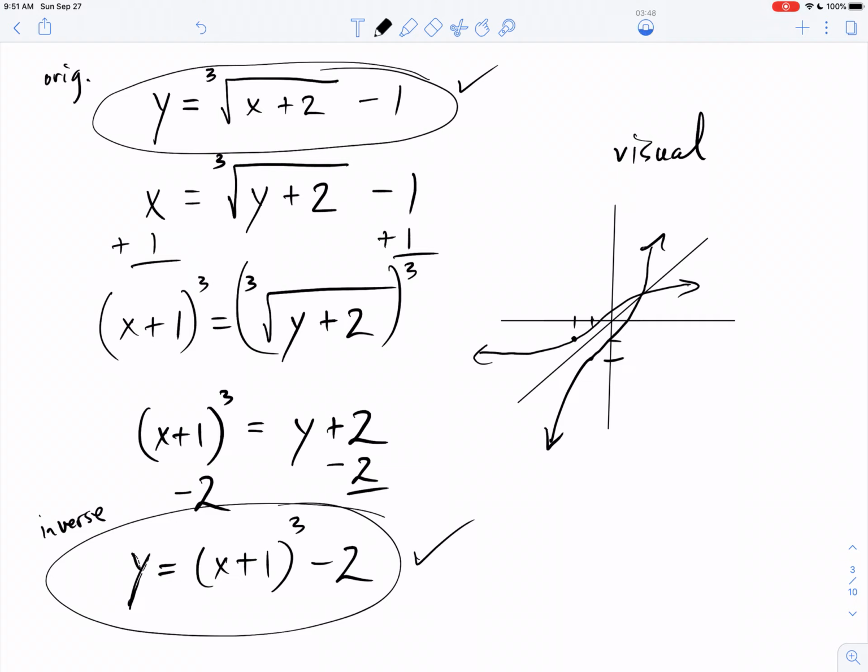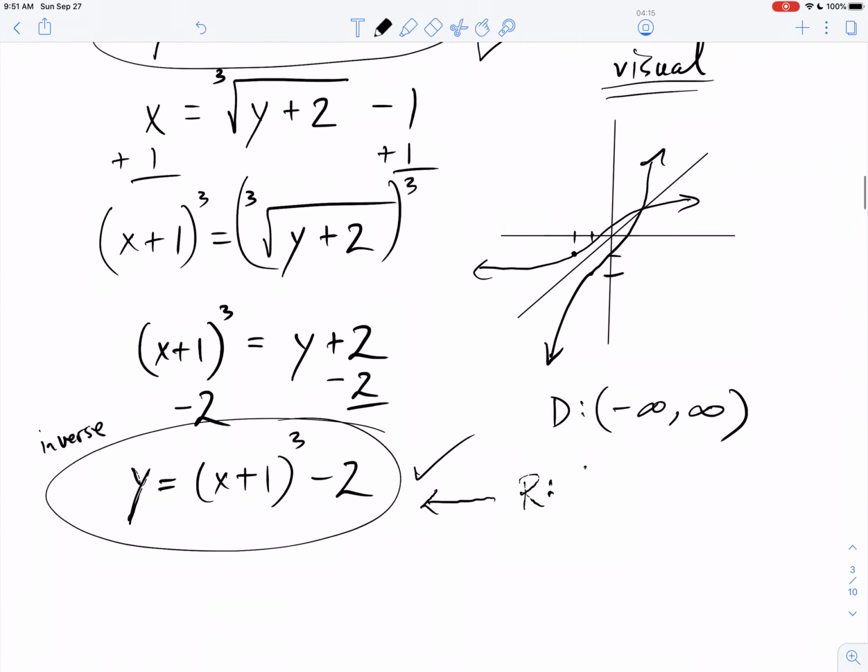For two functions to be inverses of each other, this is a visual way to check it, but the domain of one of my functions, so let's say up here, this guy, well, the domain for that guy is negative infinity to infinity. That guy's domain has got to be this guy's range.